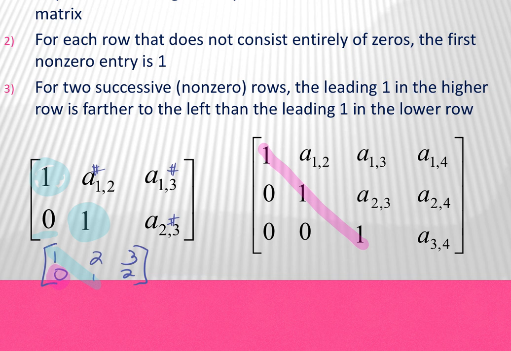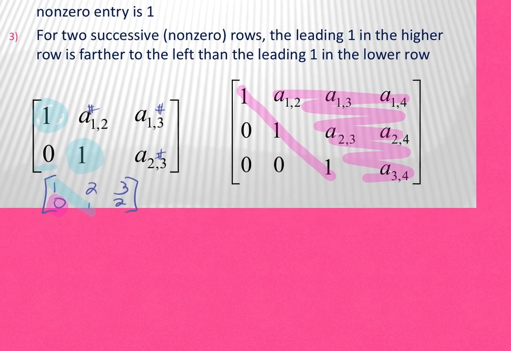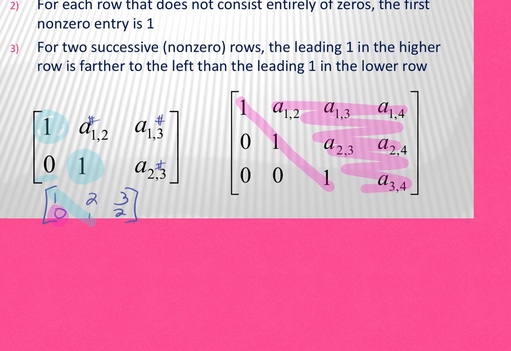So it has to be a diagonal that goes top left to bottom right, okay? And then all of this would be other numbers. So a row echelon form for 3 variables would be 1, and then any numbers, 2, 3, 4, 0, 1, 2, 3, 0, 0, 1, 2, something like that.